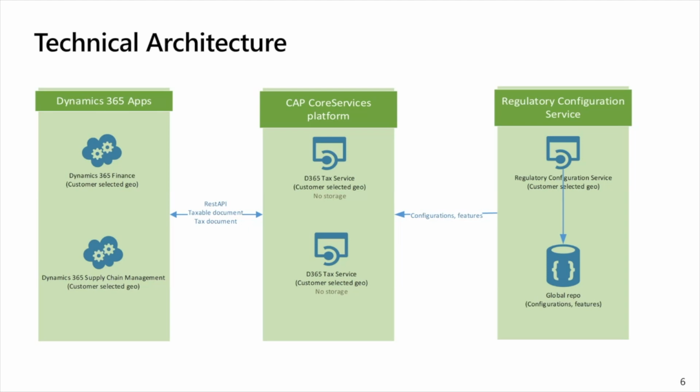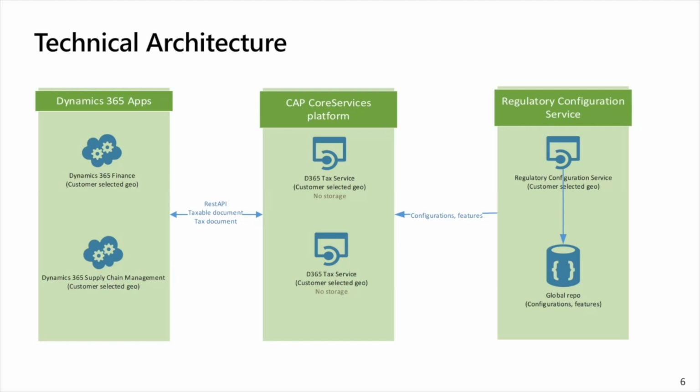Inside the D365 apps, the user will choose which tax feature will be used. Once this simple setup is done, the next step will be running a normal sales order or purchase order as you do today.